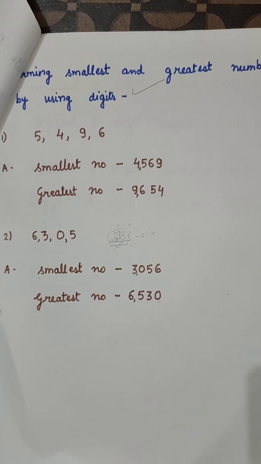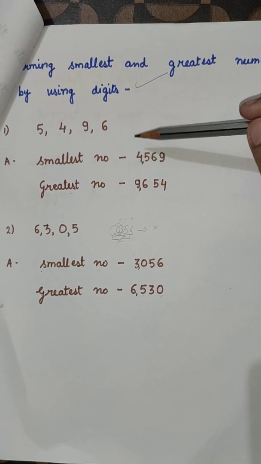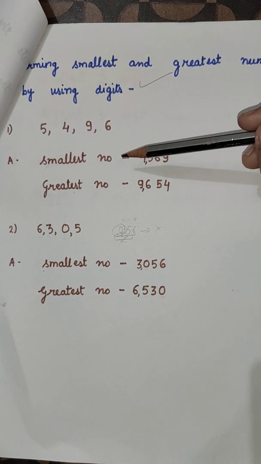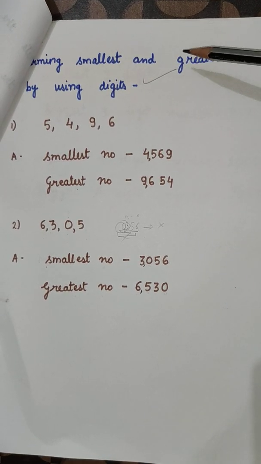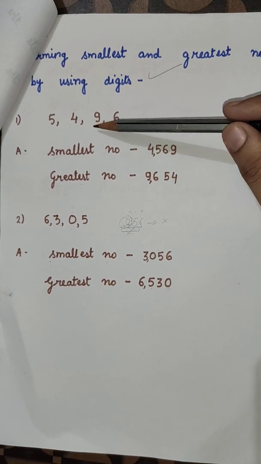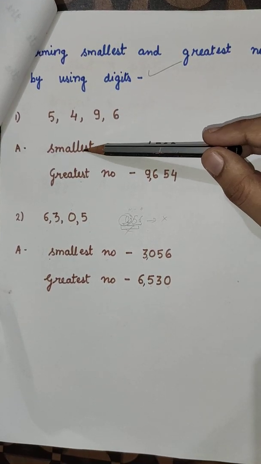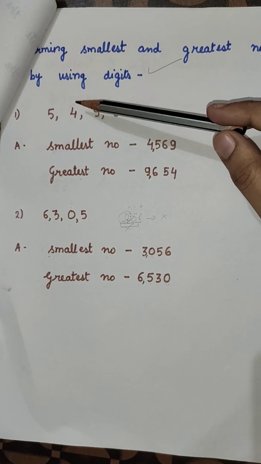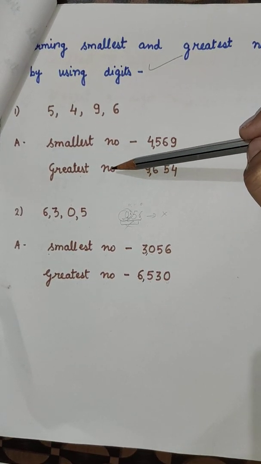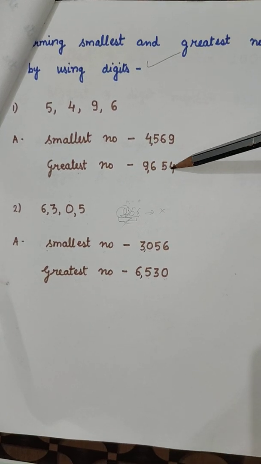Now forming the smallest and greatest number by using the digits. If digits are given to you and the question says you have to form the smallest and greatest number, you have to form the number with the help of these digits. If it says the smallest number, then you have to start from the smallest digit. If it says the greatest number, then you have to start from the greatest digit.